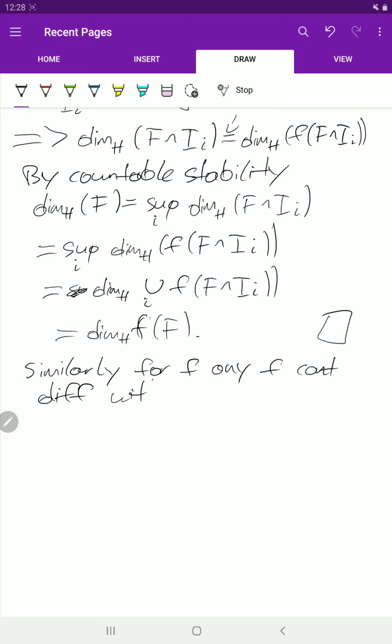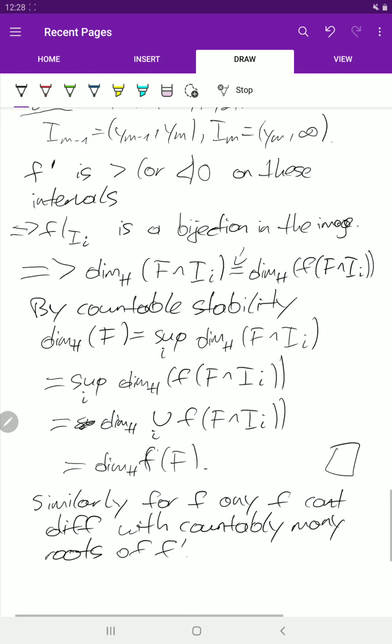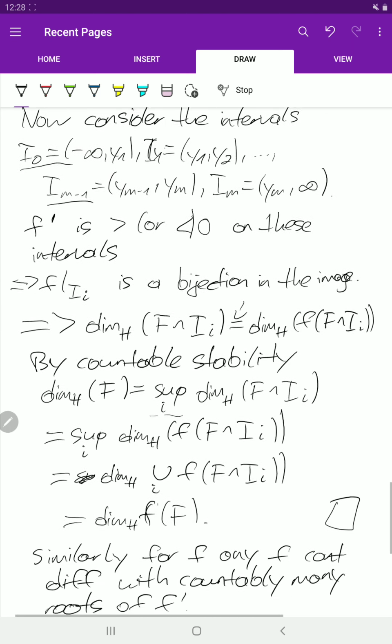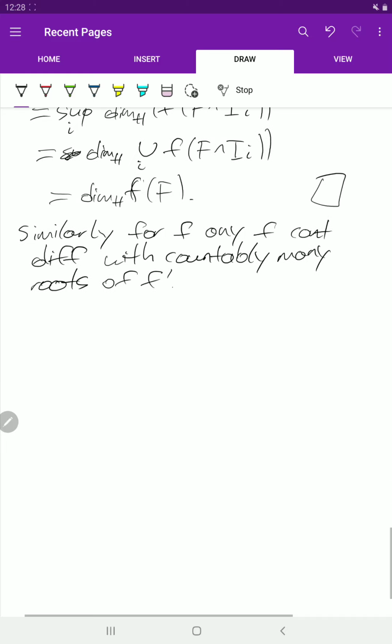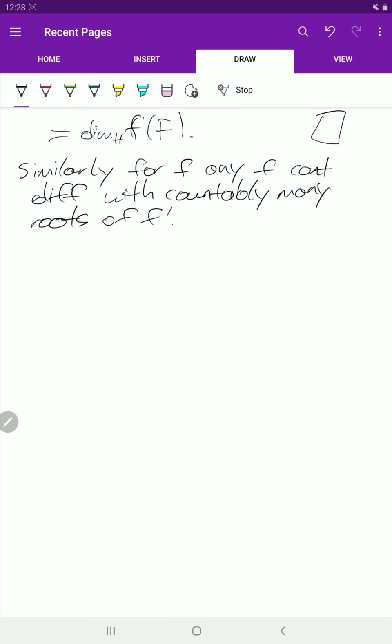And we need that f prime has countably many roots. And then the proof just works exactly the same way. Well, here we had finitely many roots, but it works just the same for countably many. So that's that.